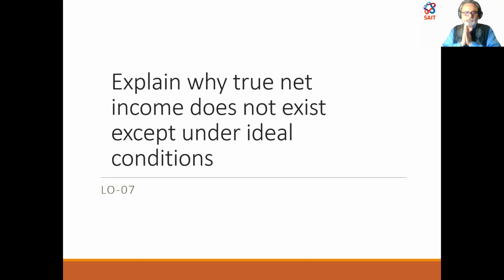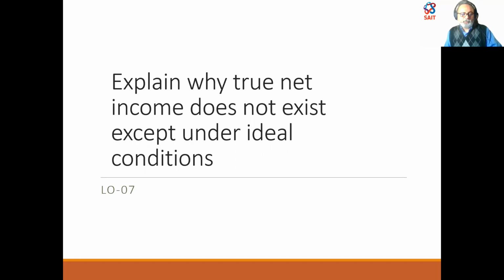So resuming after the break here, explain why true net income doesn't exist except under ideal conditions. So this is kind of the culmination of what I've been referring to. You don't have ideal conditions because the assumptions of ideal conditions are untenable.